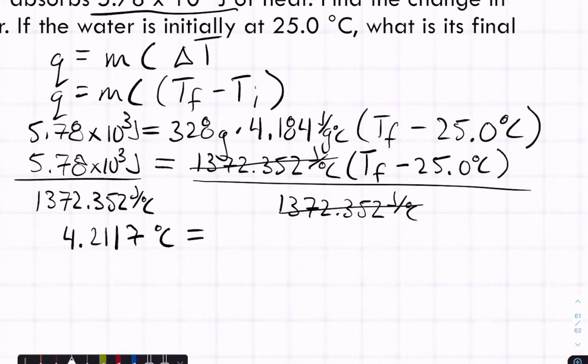Now we've got, and because we have nothing now being multiplied by this TF minus 25.0, we can get rid of those parentheses. Because all they were telling us is the thing that's being multiplied in front is being multiplied by everything inside of these parentheses. So now this is TF minus 25.0 degrees C. So how do we get TF by itself?